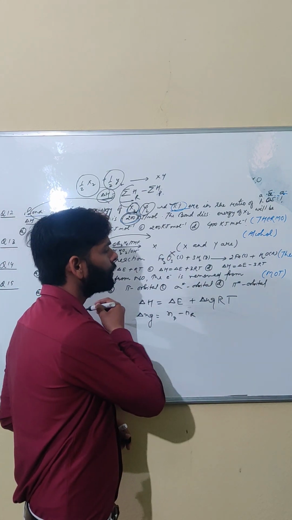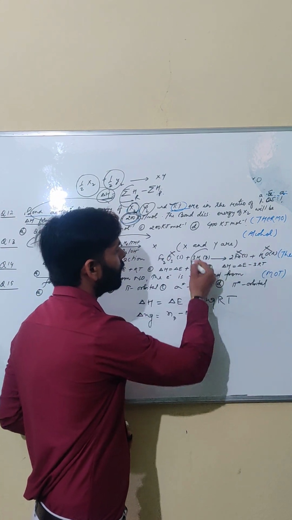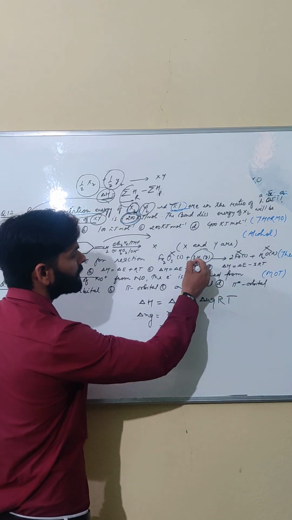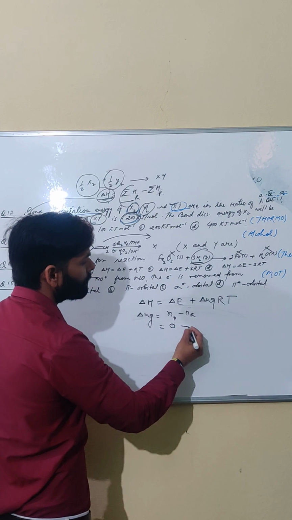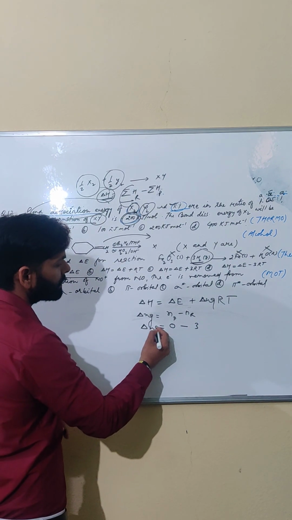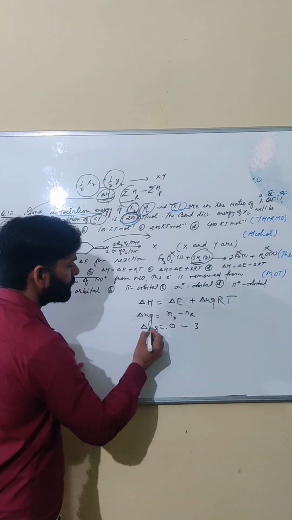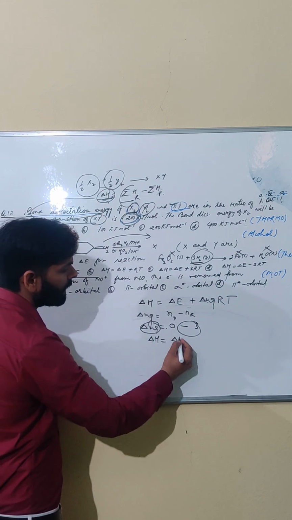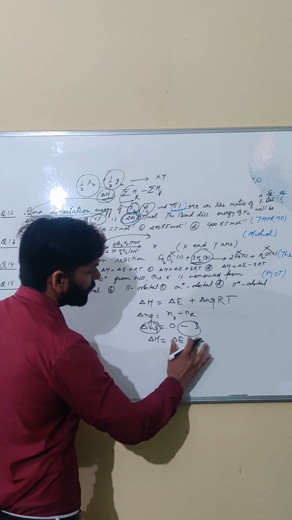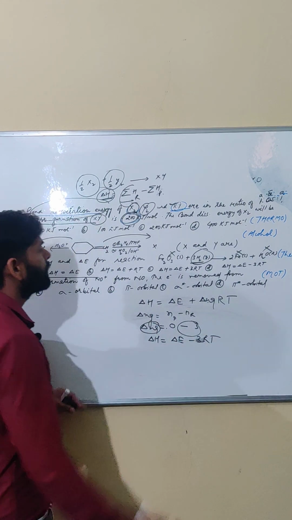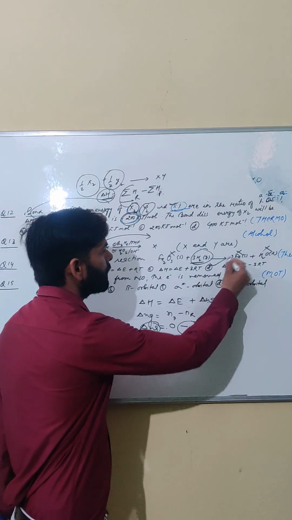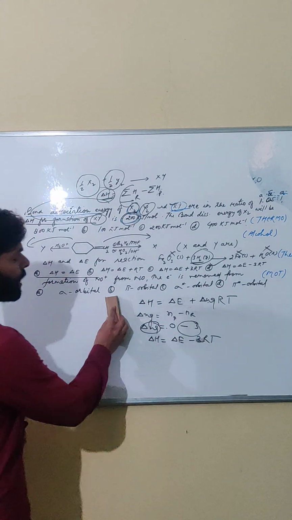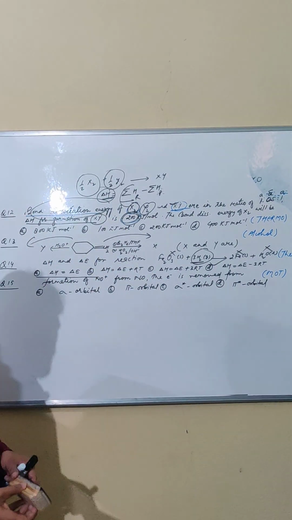This is solid, we are not going to take solid or liquid, only 3 moles of hydrogen, that is in gaseous form, and this is in the reactant. So 0 minus 3, so delta Ng is minus 3. Put delta Ng minus 3 in this equation: delta H equals delta E minus 3 RT. So which is the correct expression? This last one.